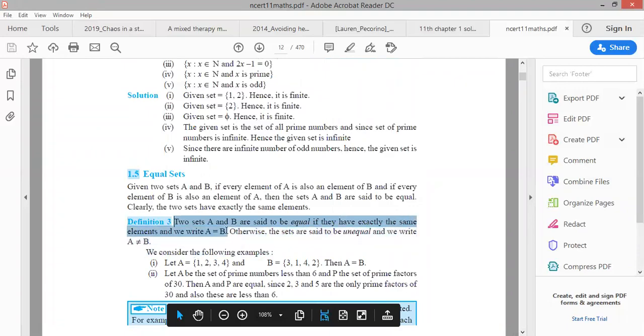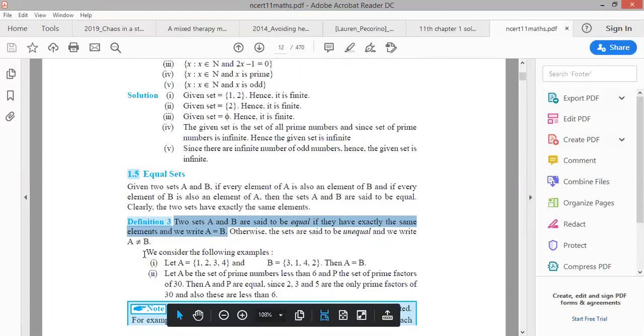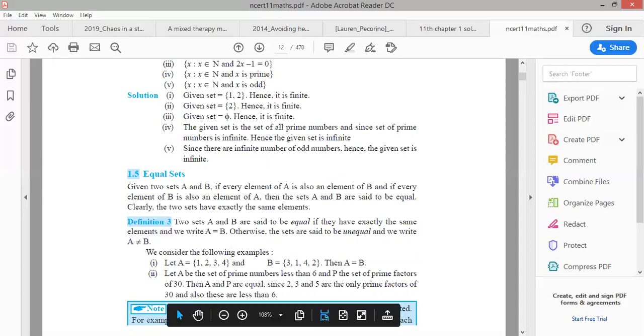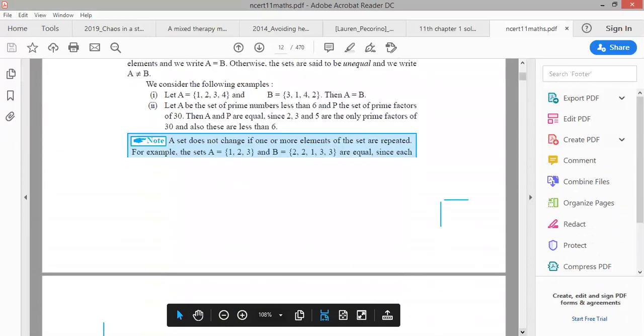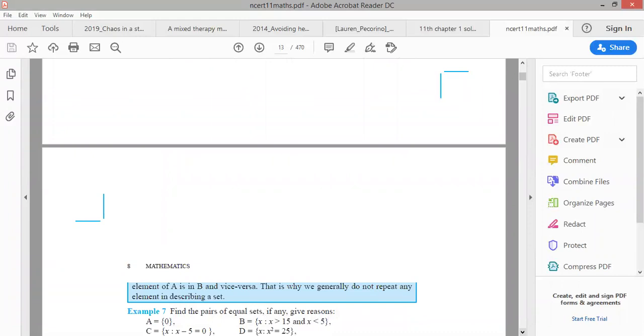We write equal sets A equal to B for any two sets A and B. Whereas if the sets are not equal, they're called unequal sets, and we write the symbol A is not equal to B. In case of equal sets, every element of set A is in set B and every element of set B is in set A.